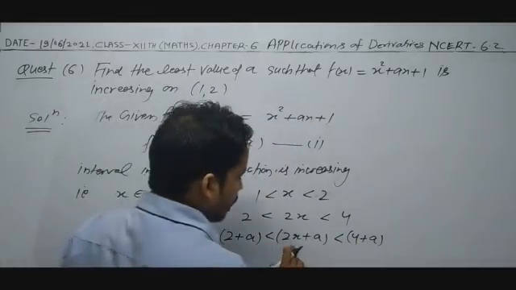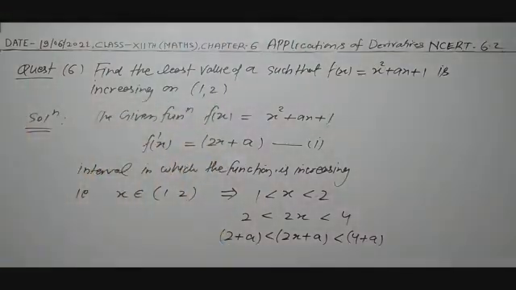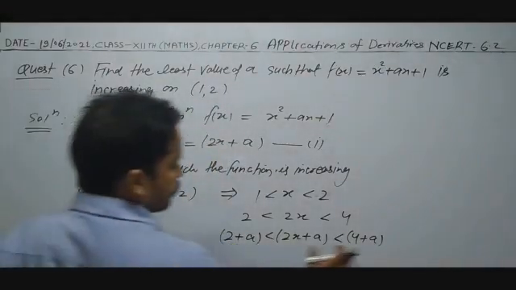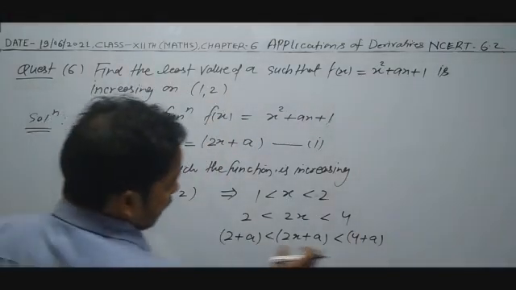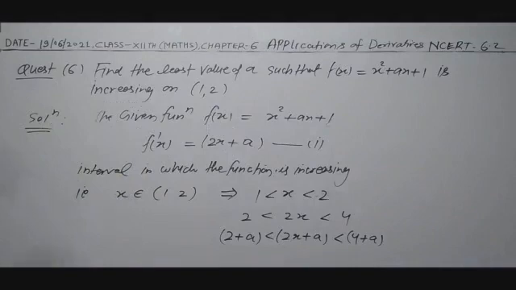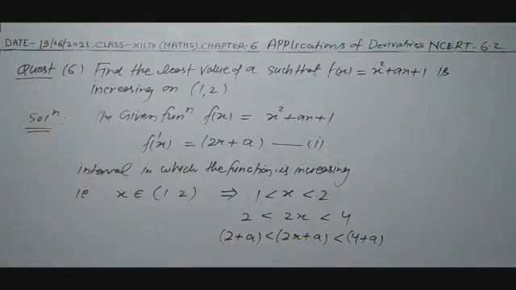So for 2x plus a, there is a given intervals, that is 2 plus a and 4 plus a. Least value of a for which the function is increasing, so you will equate to 0. 2 plus a is equal to 0, then a you will get minus 2.